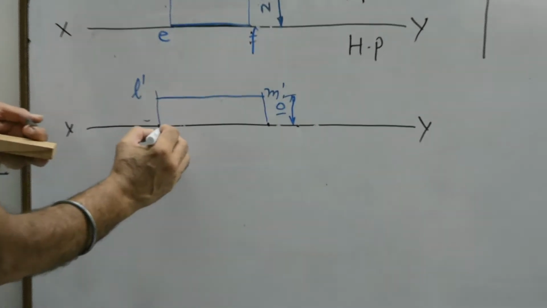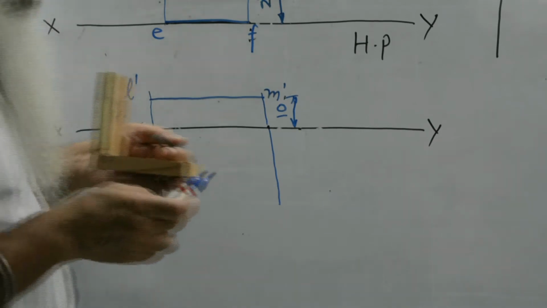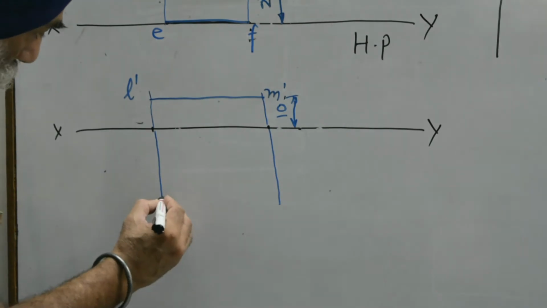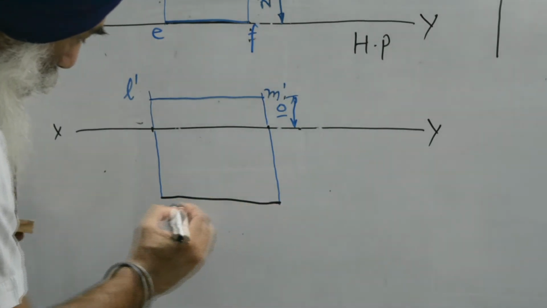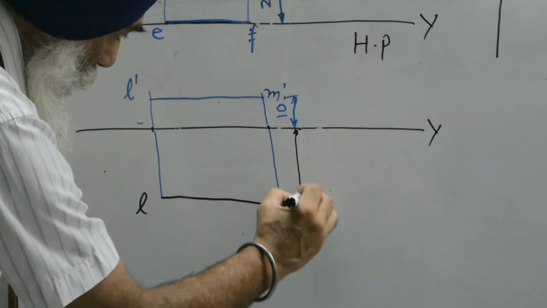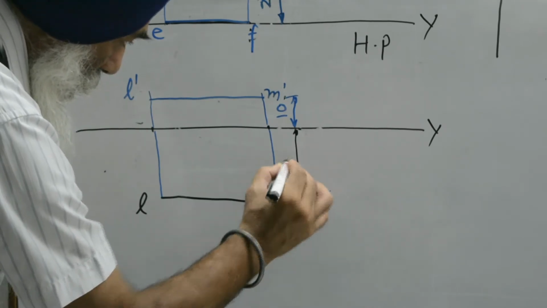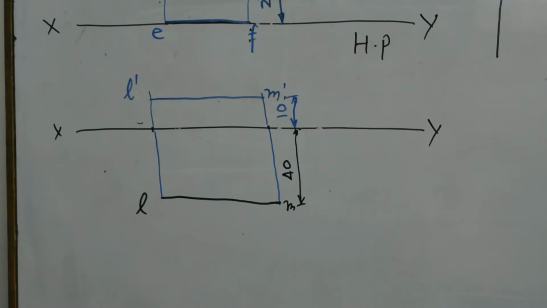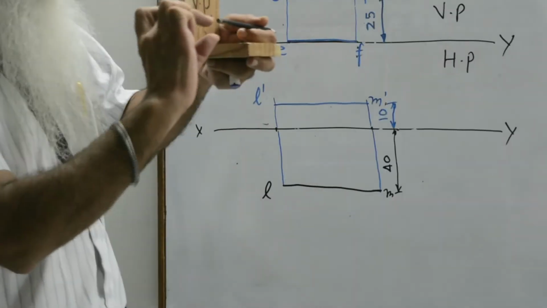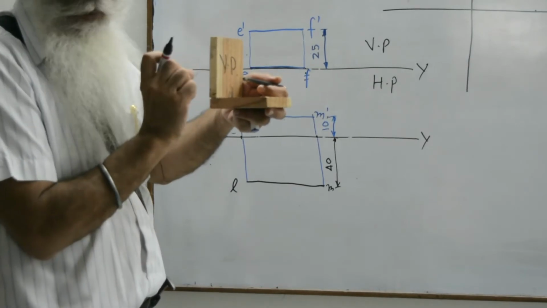You take the projections of these lines, measure this distance of 40 millimeters, and mark the line. This is the top view LM, and this distance is 40 millimeters. This is the case when the line is parallel to both planes, and its distance above the horizontal plane and in front of the vertical plane is given.